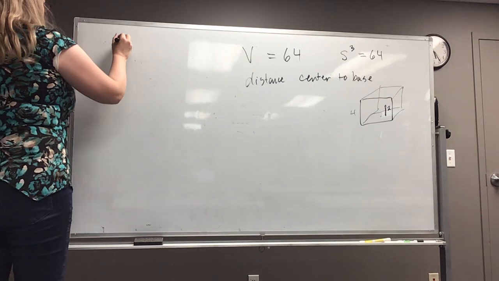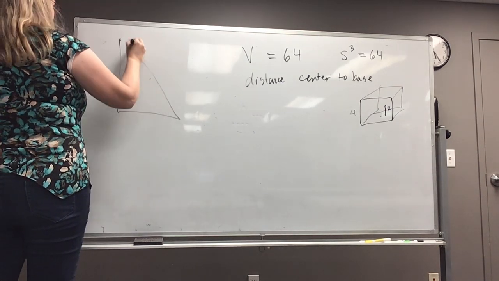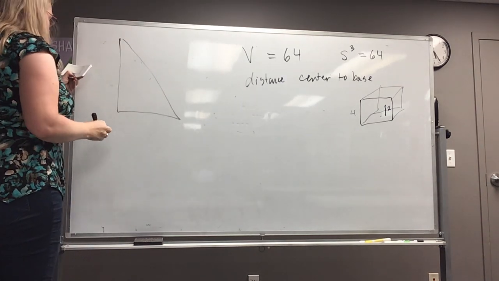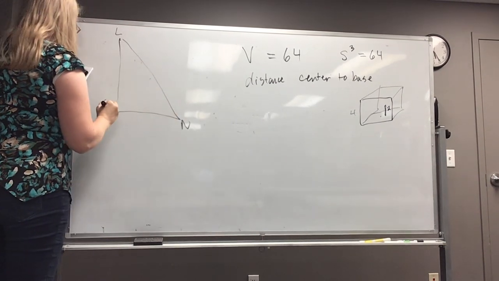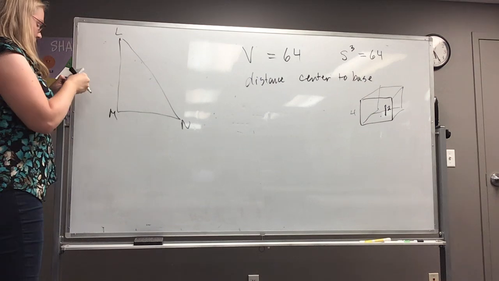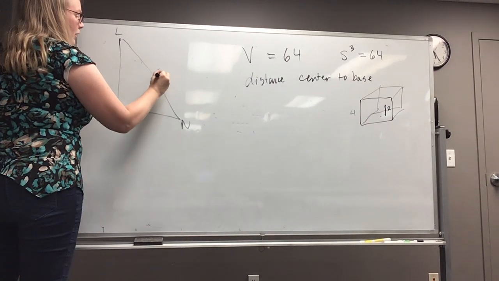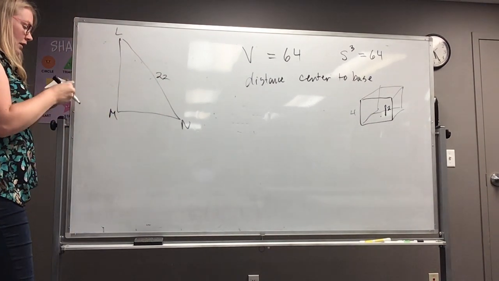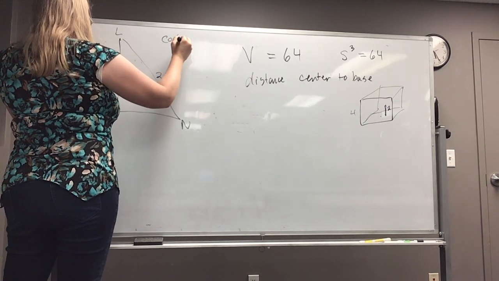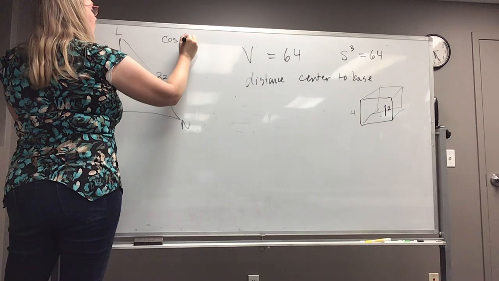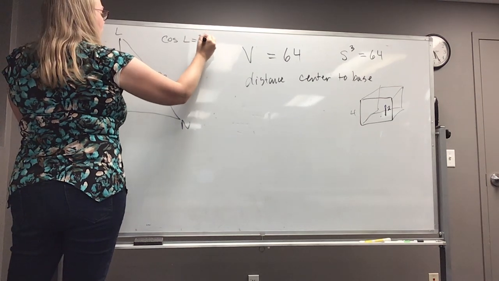The right triangle LMN is shown, and here's L, N, and M. We're told that this hypotenuse is 22 feet, and that the cosine of L is equal to 3/4.